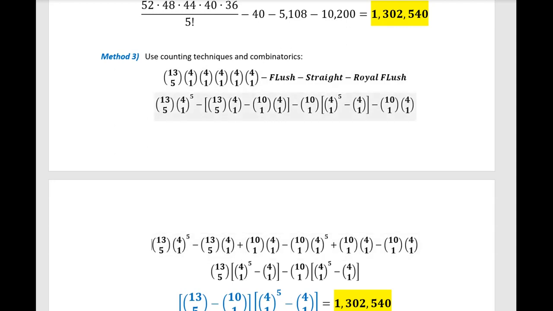Next step, I actually distributed the negative within the brackets, and the same thing here. And in this step, that's where you see this expression. And then you can actually cancel the last 2 terms in this expression.